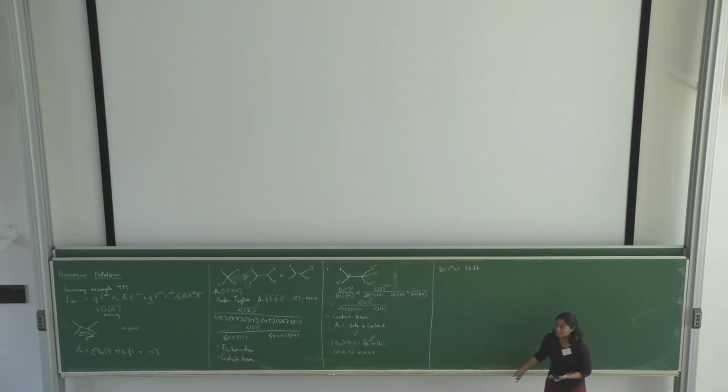The idea is that we're going to introduce some complex parameter, z, and we're going to shift the spinors of two particular external legs of our amplitude, I and J, in this way.